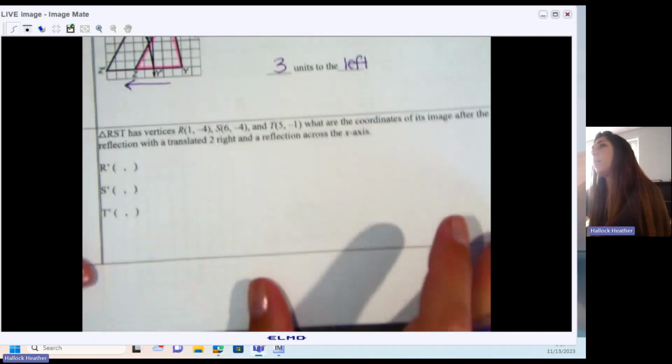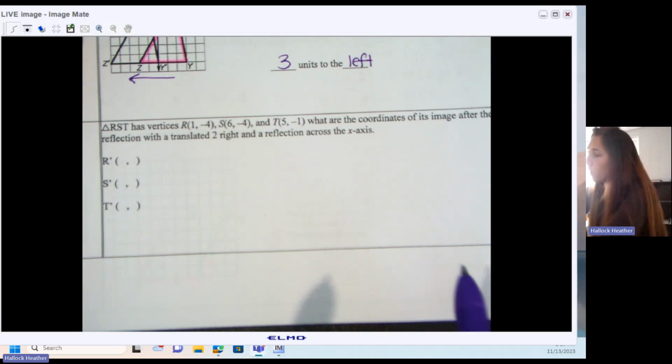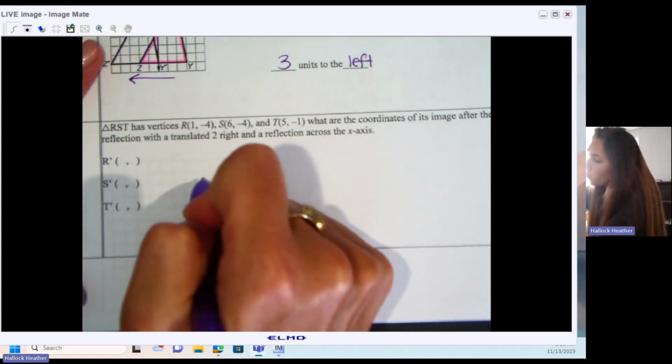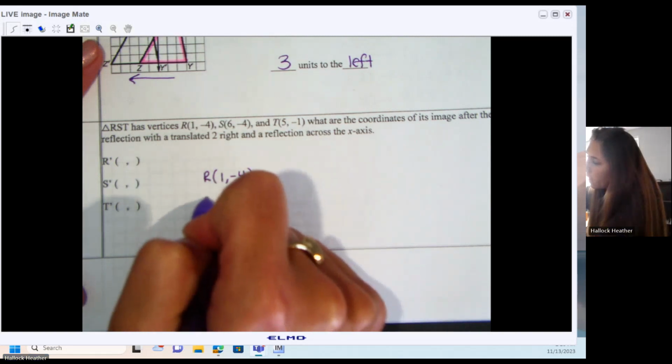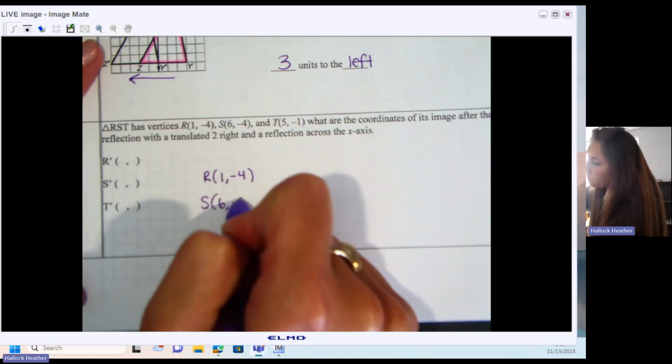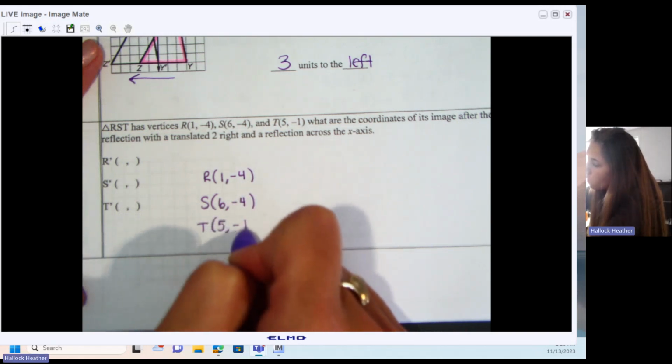The last problem gives you coordinate points, and you need to complete 2 transformations on these coordinate points. So if I start by just writing them out, R is 1, -4, S is 6, -4, T is 5, -1.